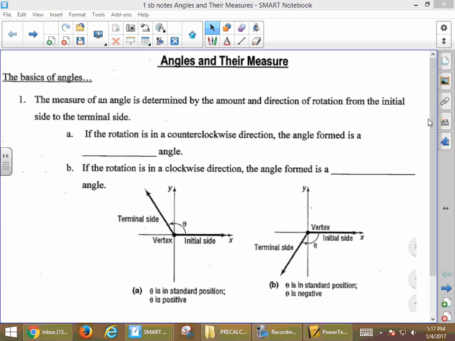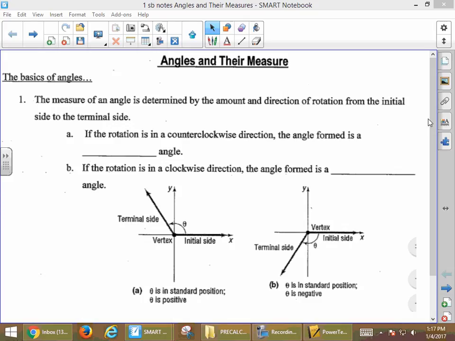The measure of an angle is determined by the amount and the direction of rotation from the initial side to the terminal side. If the rotation is in a counterclockwise direction, that means you start at 12 and go 12, 11, 10, 9, counterclockwise.